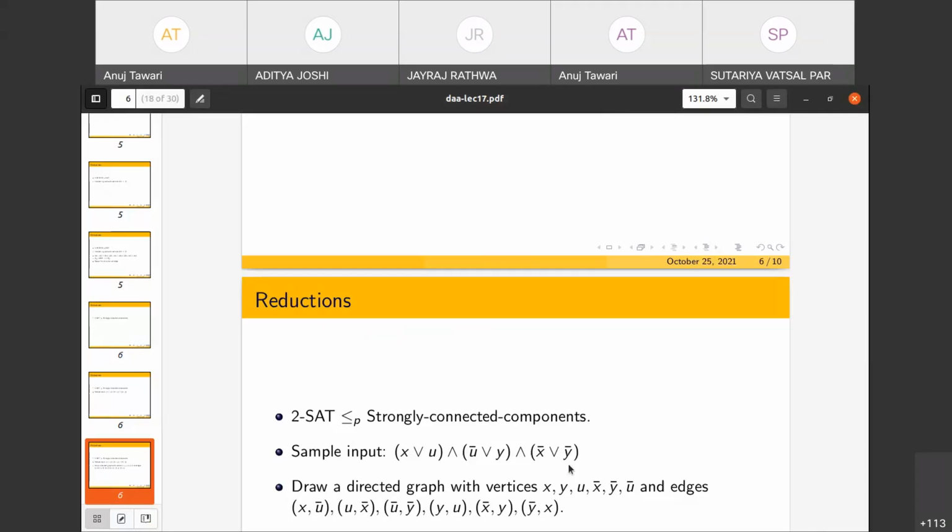Yeah, tell me. You are given this directed graph now with these vertices and these edges, and looking at these edges, you want to give me a satisfying assignment for this particular formula.